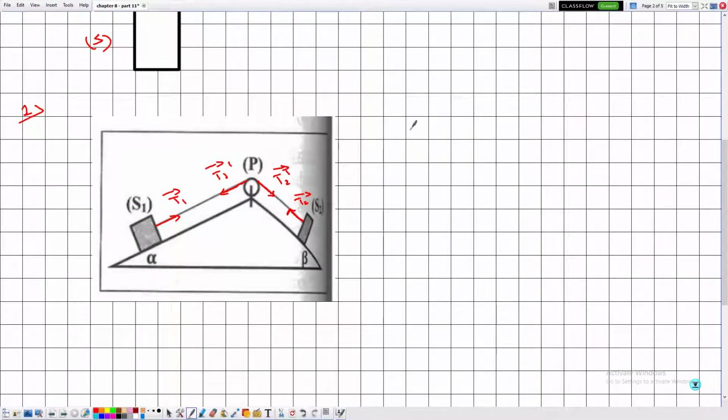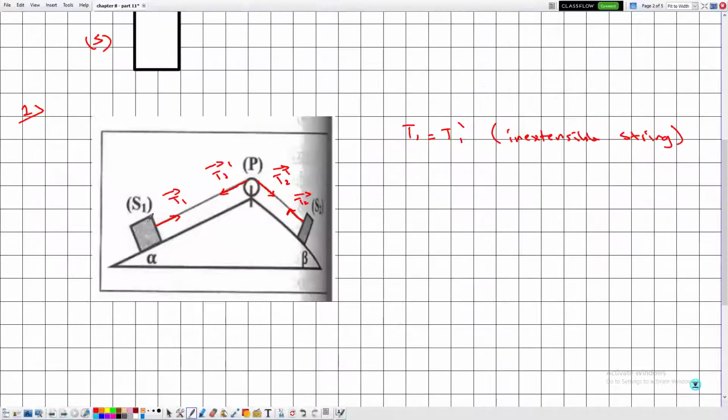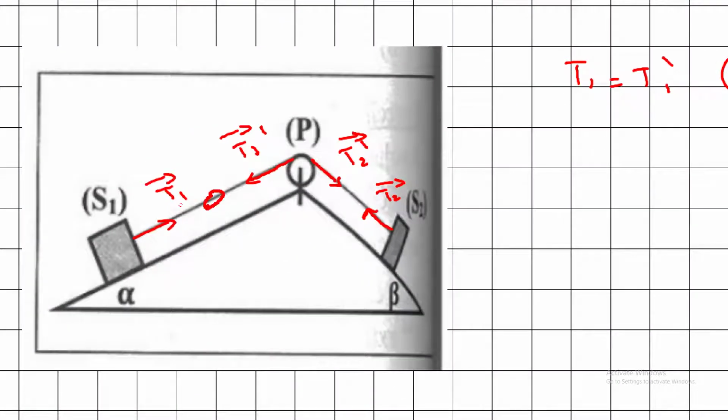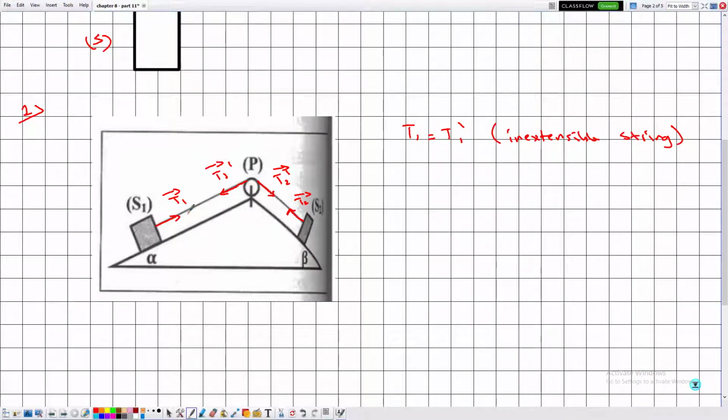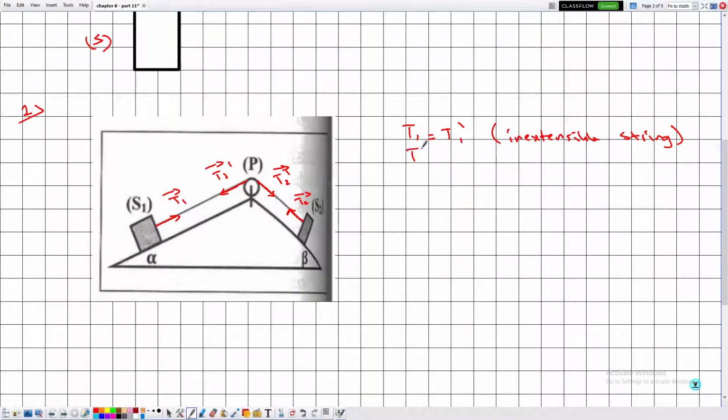And let me say that T1 is equal to T1 prime, and the reason is given by an inextensible string. So because T1 and T1 prime are tensions along this inextensible string, and an inextensible string transmits tension equally at both ends, T1 is equal to T1 prime, and in this case T2 is also equal to T2 prime, and the reason is given by an inextensible string.